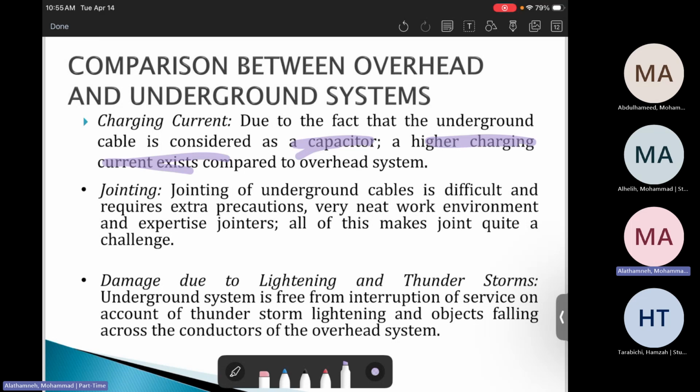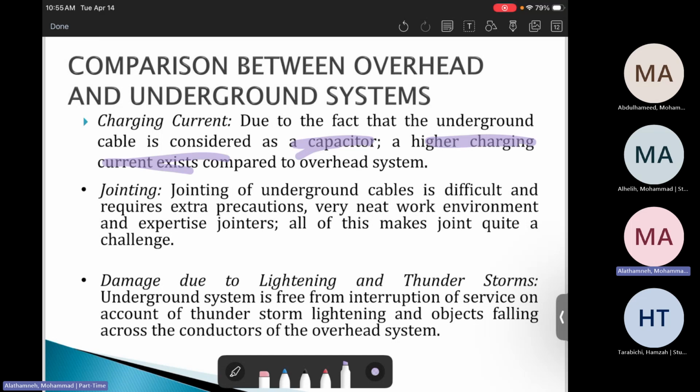Jointing. Jointing in the overhead transmission line is easy, while in underground cables it is difficult and requires extra precaution, because we need to make sure it is neatly and perfectly done. We don't want a bad joint.